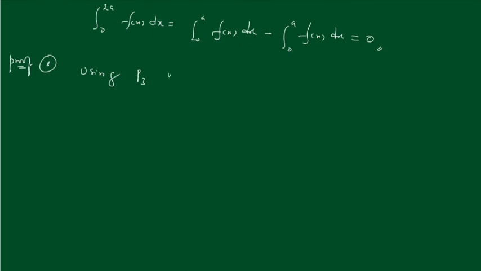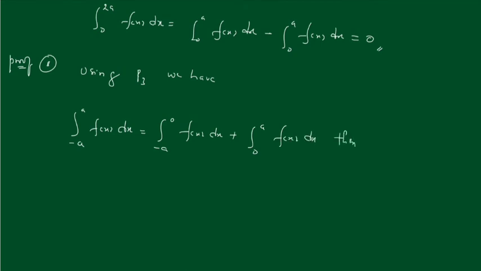We have the integration from minus a to a of f of x dx, which equals the integration from minus a to 0 of f of x dx plus the integral from 0 to a of f of x dx.